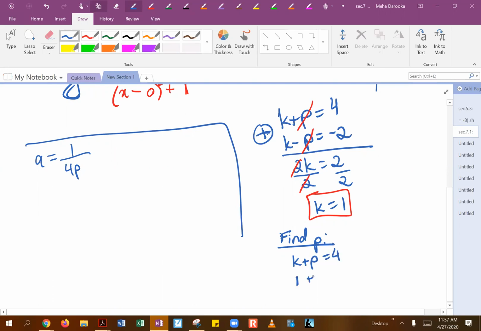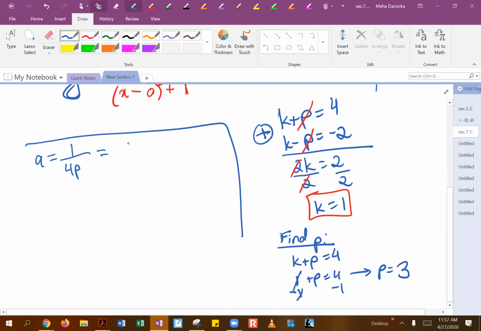If K is 1, what is your P value? Okay, I've got an answer from Beatrice. That's 3. Very good, Beatrice. That's correct. You're just subtracting 1 and you end up getting P equals 3.